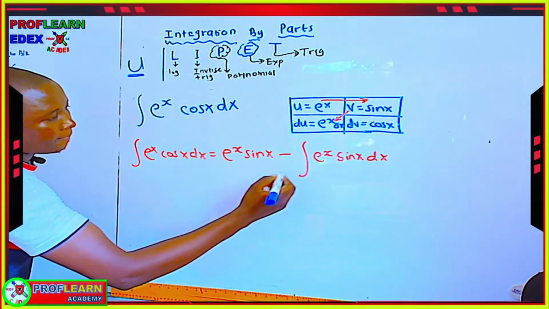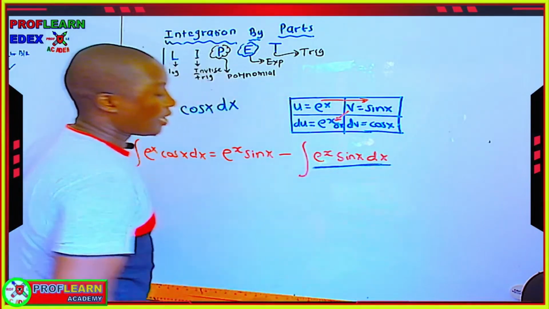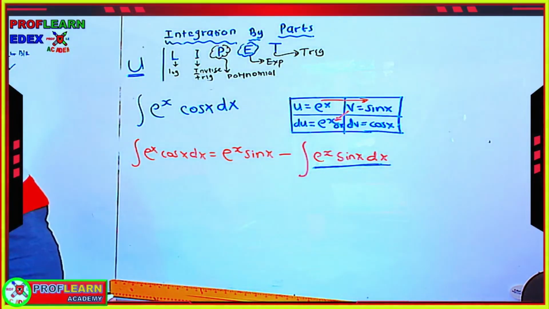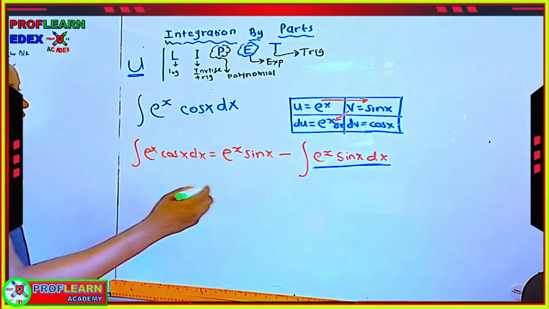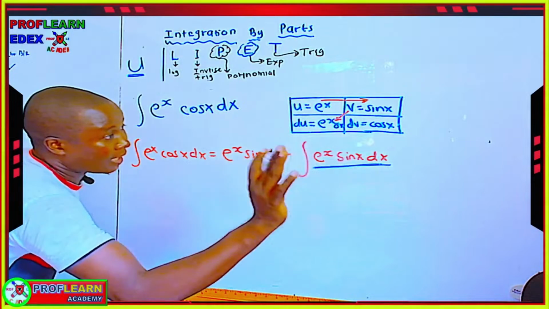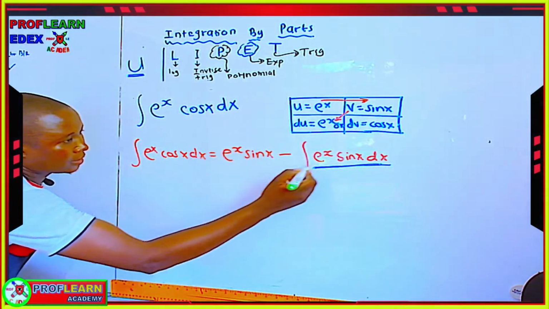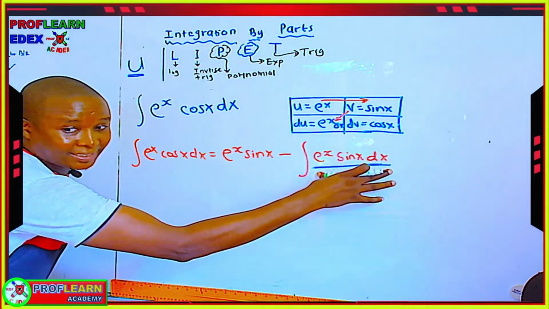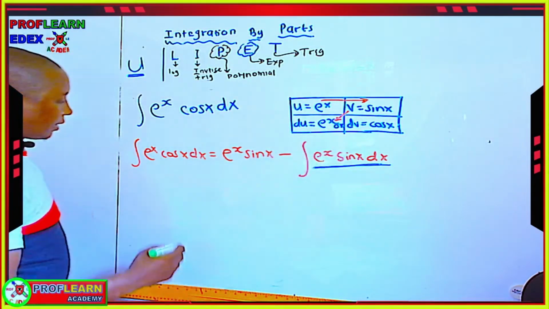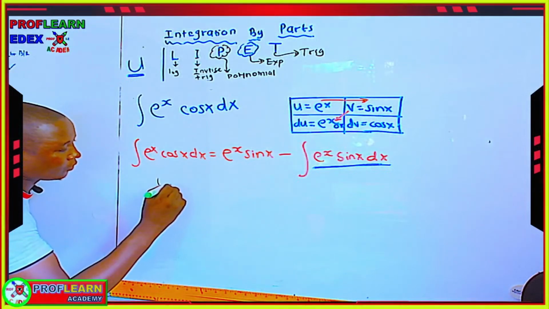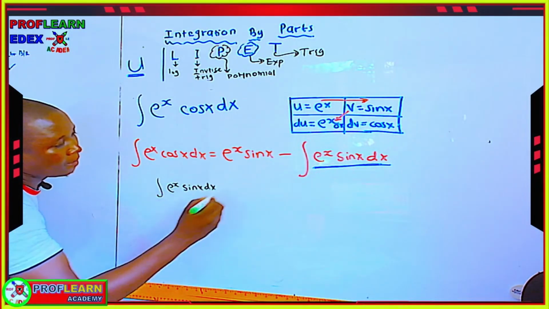Then again, you can see the integral that we have at this point cannot be performed by any method other than integration by parts. So we are going again to perform this integral alone without looking at the rest. Let's perform this one by parts again so that we can replace the answer that we shall have here. That's the integral of e^x sine x dx.